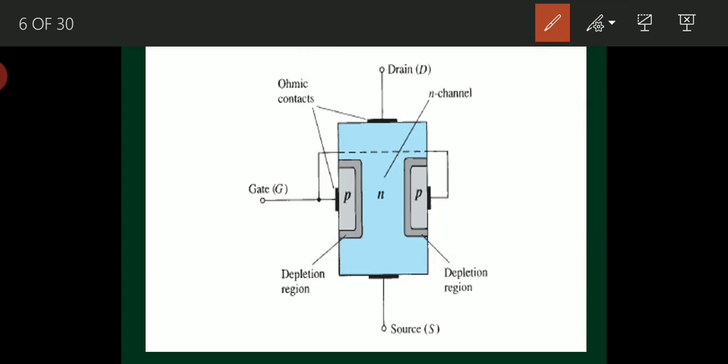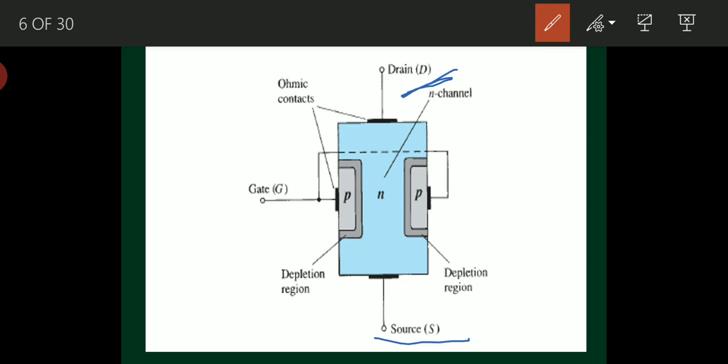But in fact, the drain and source terminals are interchangeable. Why? Because there is no difference in doping concentrations at the drain and source terminals.